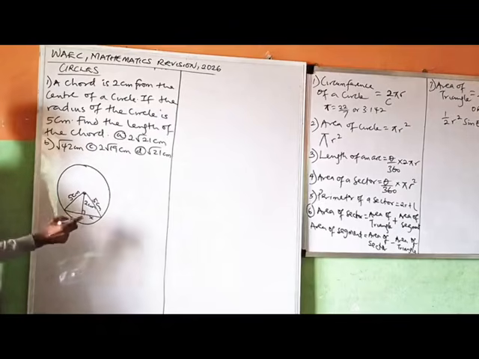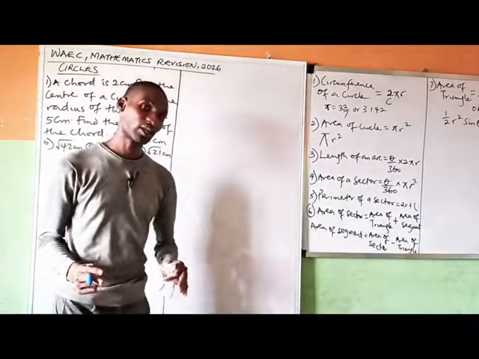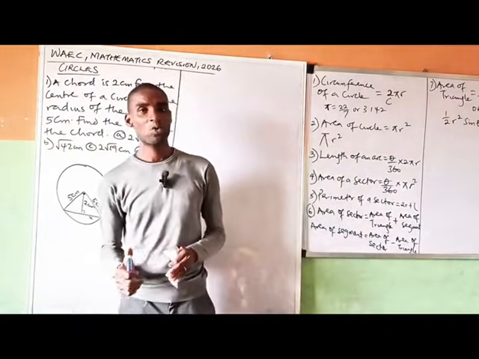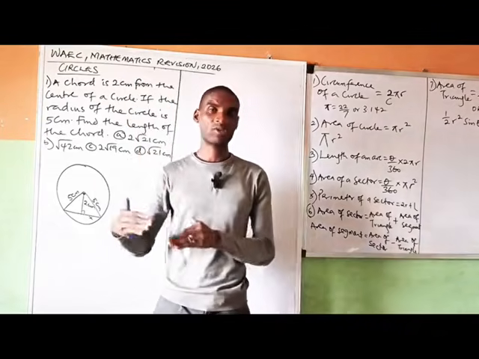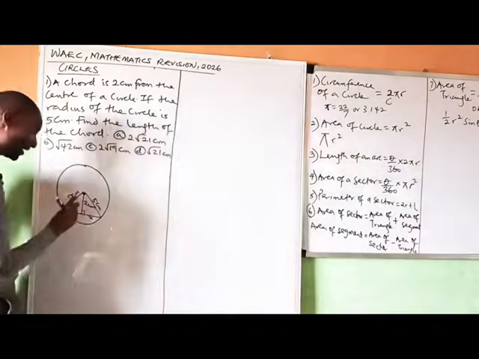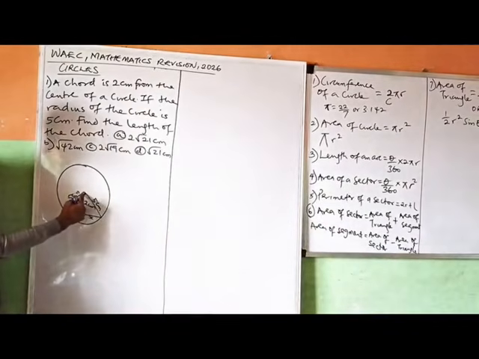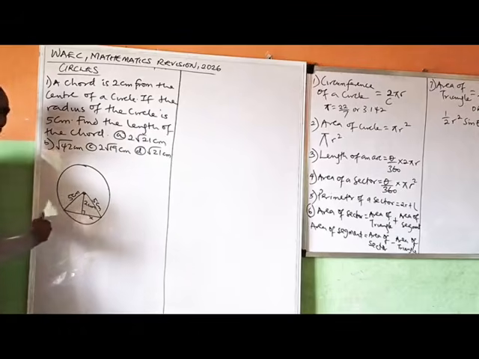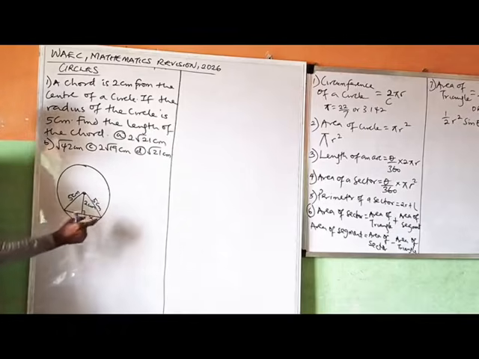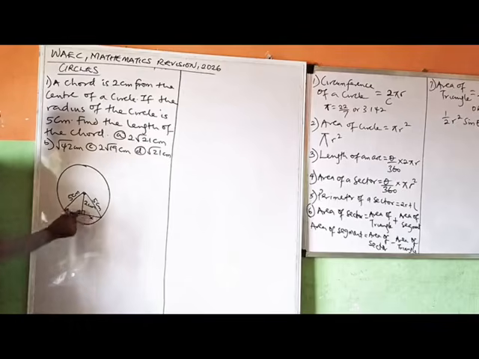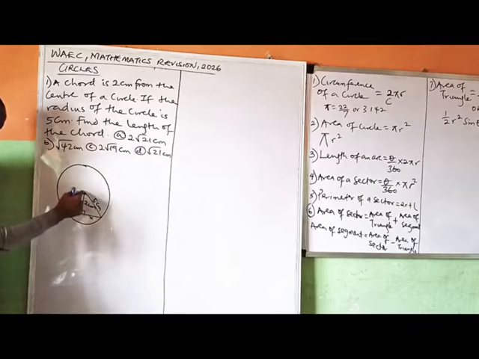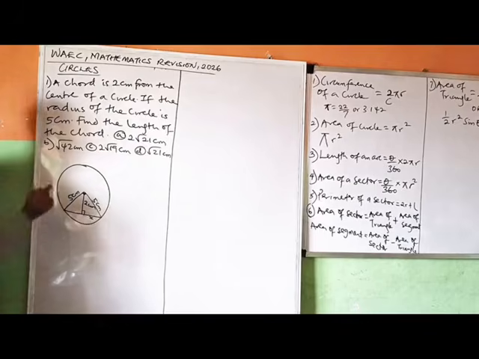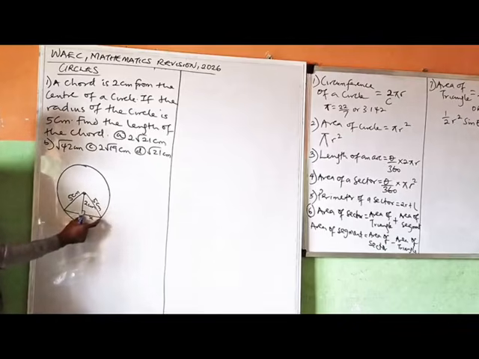One of the circle theorems, which I'll cover in the second part after this revision class, says that the line drawn from the center of a circle to meet a chord will divide that chord into 2 equal parts. So if the chord is 10 centimeters, this line from the center will divide it into 5. Whatever I get for x, I multiply by 2 to give me the length of this chord.